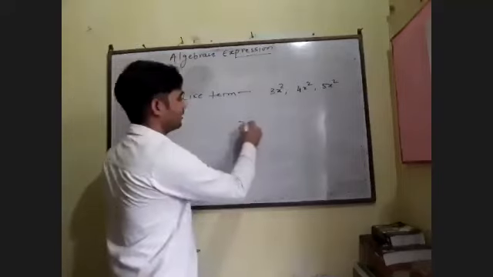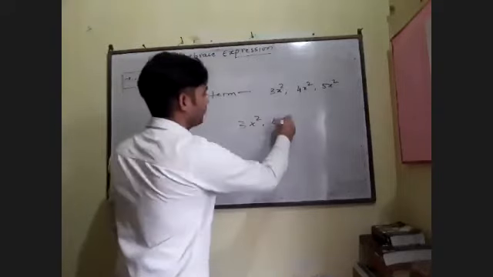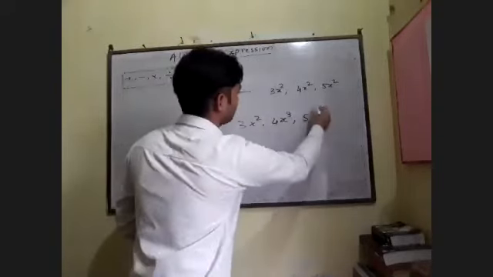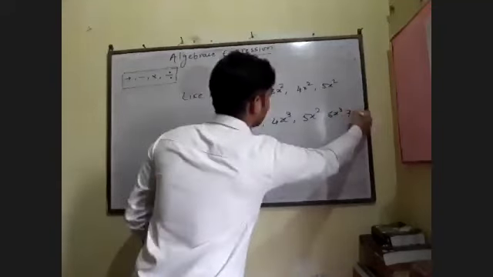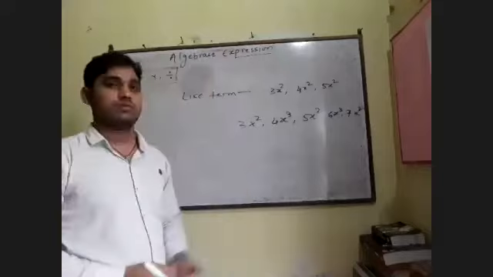So take 3x square, 4x cube, 5x square, 6x cube, 7x square. What are the like terms?